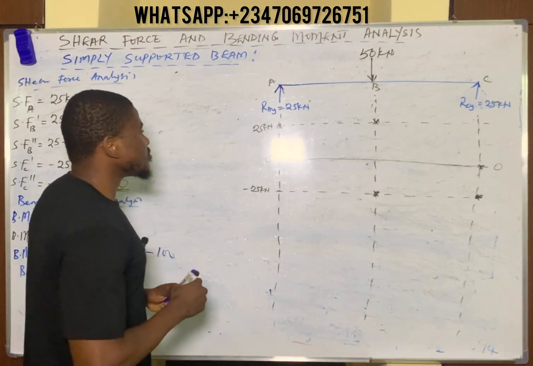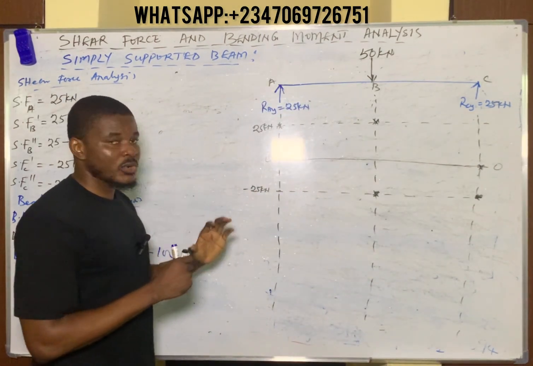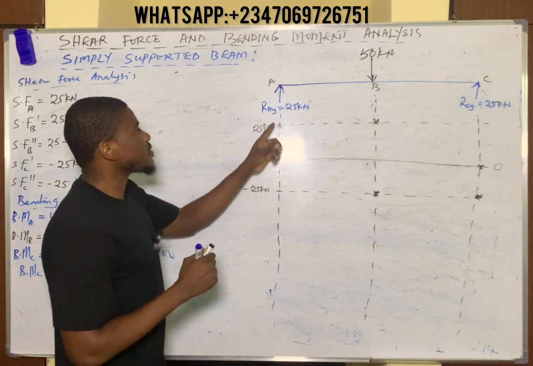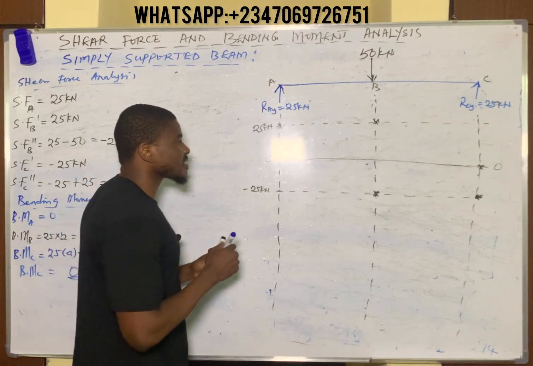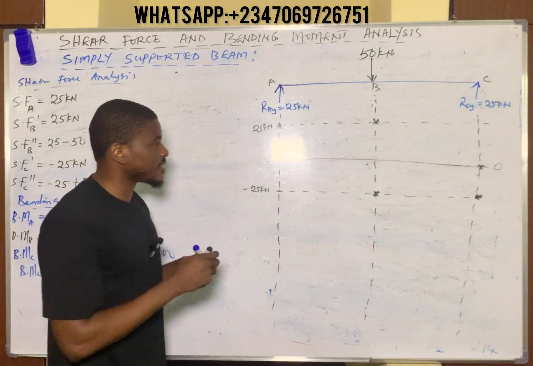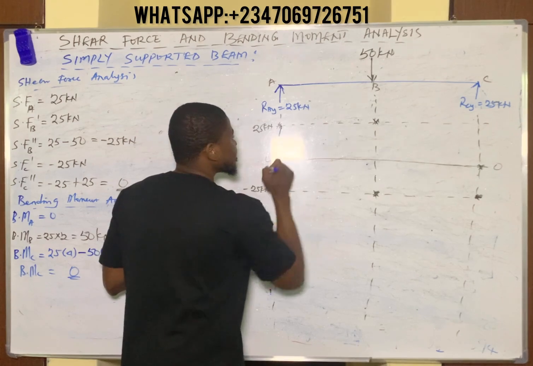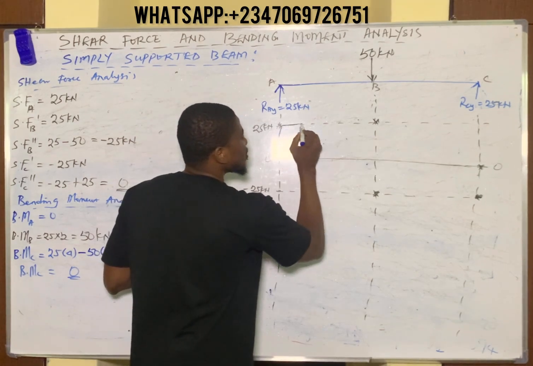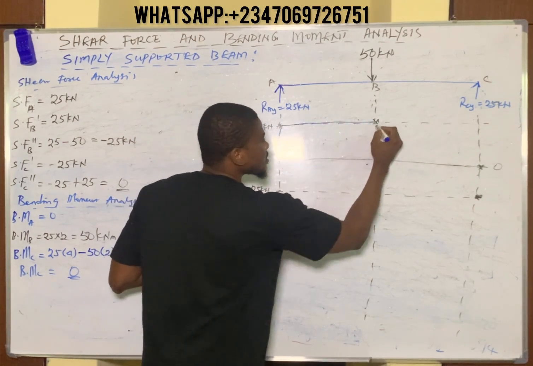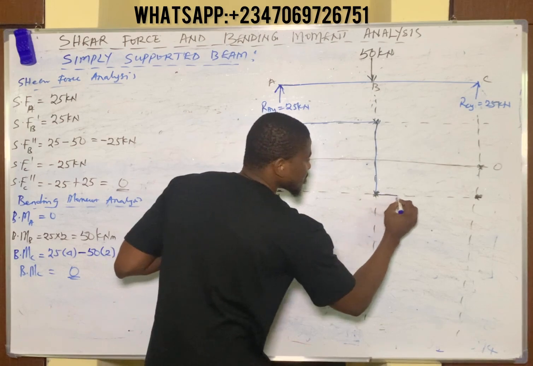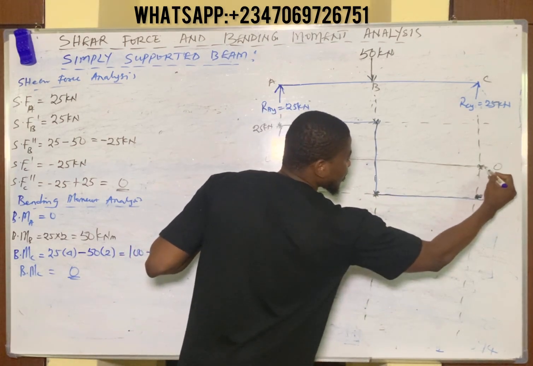So what do you now do? The shear force diagram, you start from the origin, remember? So you start from the origin. The shear force diagram for a point load is simply a straight line that connects each of the points. So starting from the origin, you have a straight line, connecting each of the points.